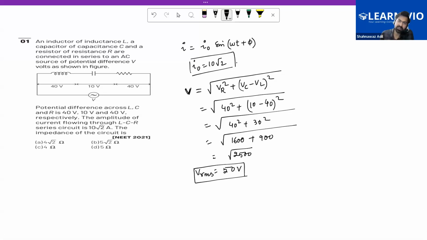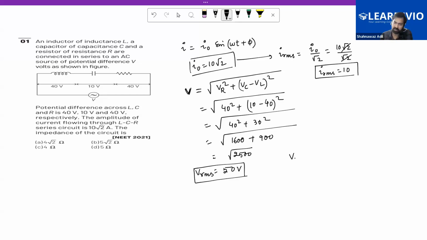I naught is given, so we can calculate what is the RMS value. IRMS is I naught by root 2. So that would be 10 root 2 divided by root 2. So this root 2 will cancel and IRMS is 10. So IRMS is 10, VRMS is 50. So we can calculate the impedance.